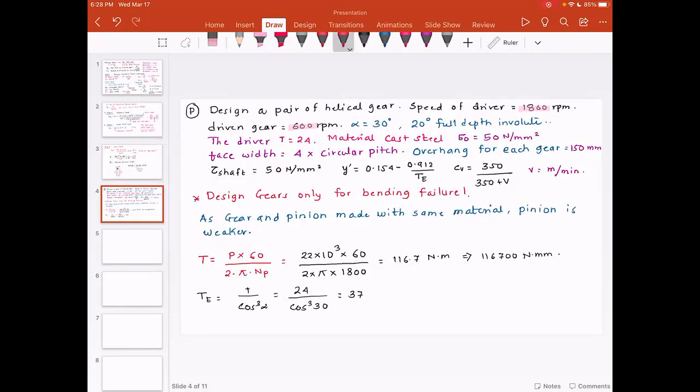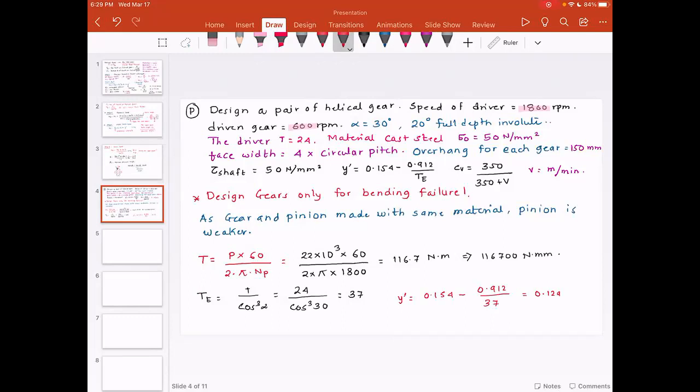So if you want to find out the Lewis form factor, y prime, I should be using the number of teeth equal to 37. The equation for Lewis form factor is 0.154 minus 0.912 divided by 37. That gives me 0.129.